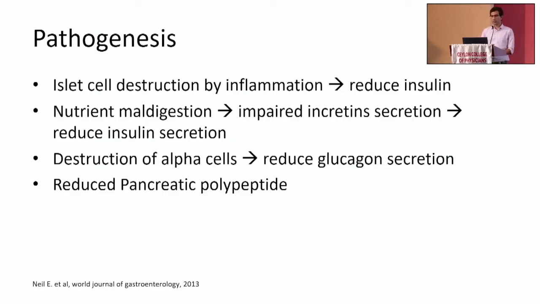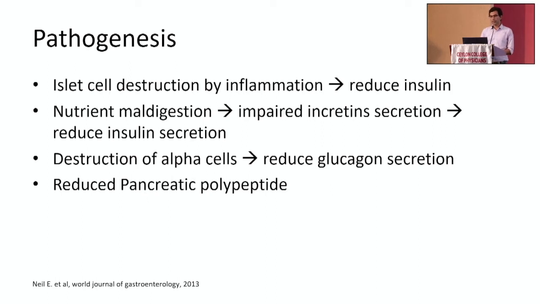The pathogenesis is important to understand the treatment. The destruction of islet cells will lead to a reduction in insulin, and another important mechanism is that, because of nutrient maldigestion, there's impaired secretion of the incretins, which in turn reduces endogenous insulin secretion.